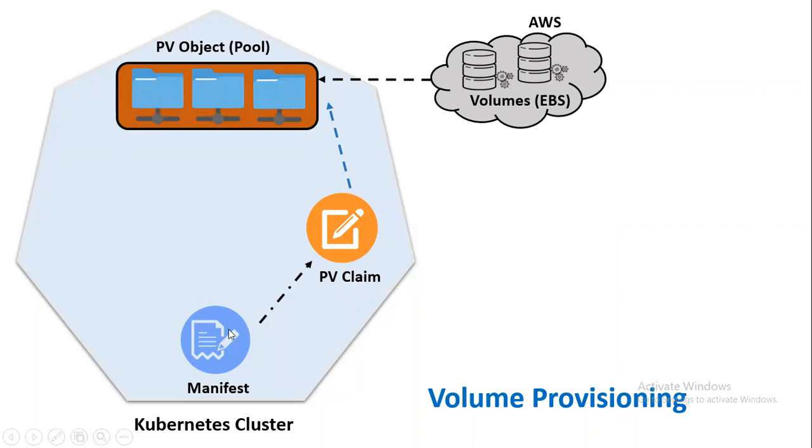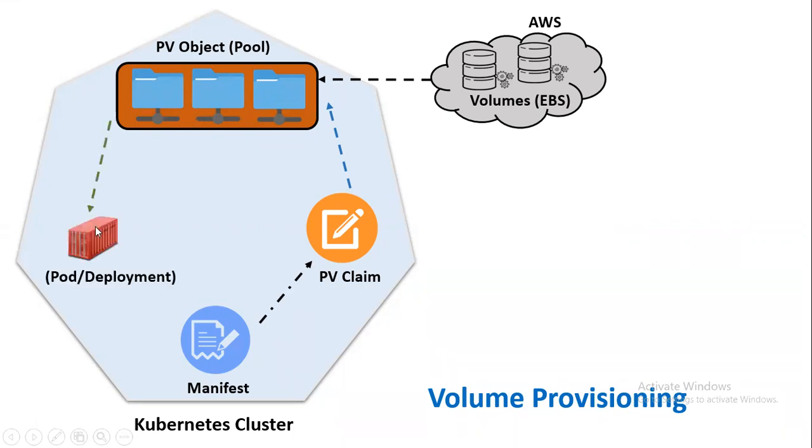Along with your definition of how many pods you want, how many replicas, and which image to use, you also have to say what is the claim. When you apply this, Kubernetes will read your claim policy, and based on that, on the pool of objects, whatever object matches your claim, it will create a pod by mounting that.